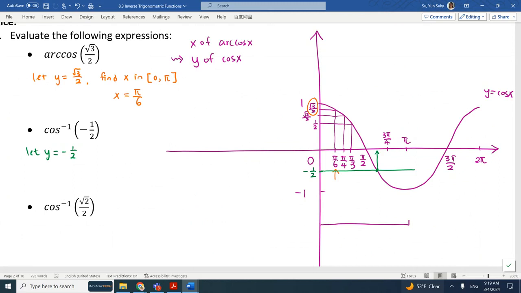Okay, and here, our common angle value will be, you divide this into 3 pieces. So you have here and here. So here, the trick is, this is 0, this is pi. If you divide into 6 pieces, your denominator is 6. And if you divide into 4 pieces, your denominator is 4.